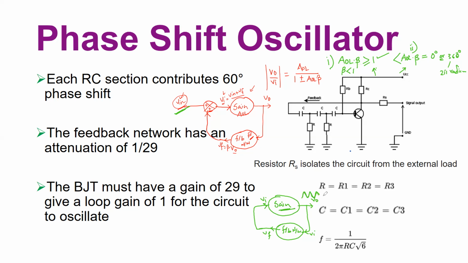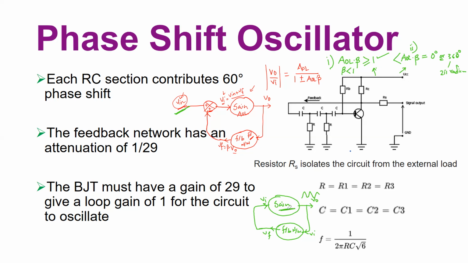Over time, if the gain is greater than 1, the oscillation starts and grows, and then it saturates to a steady state level, because the circuit's gain saturates so that AOL times beta becomes exactly 1.